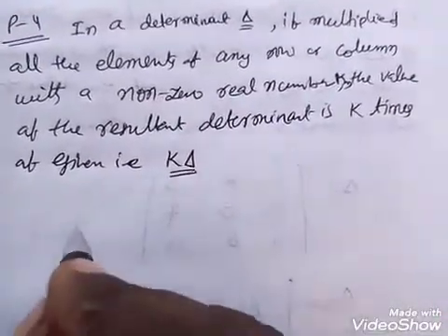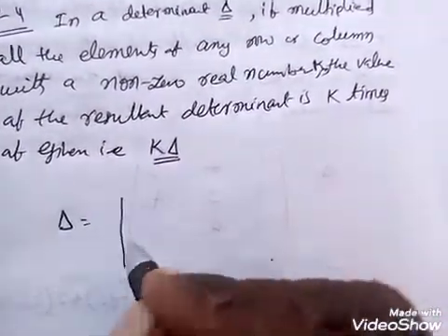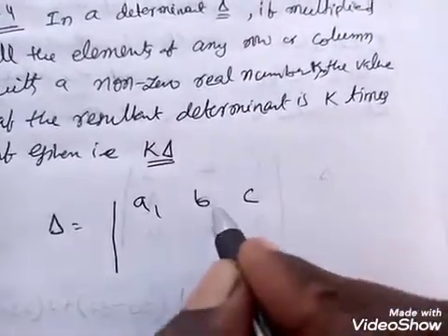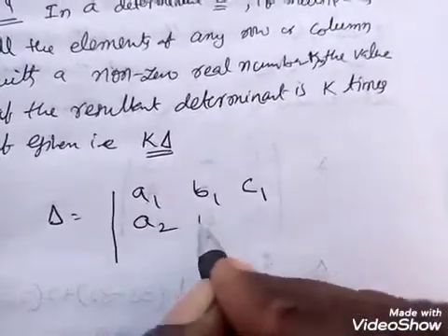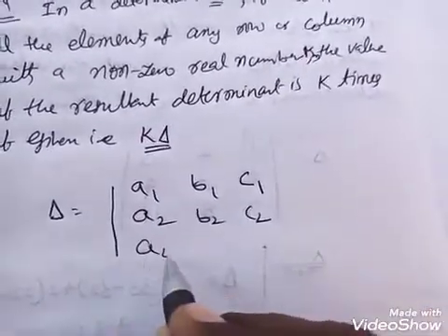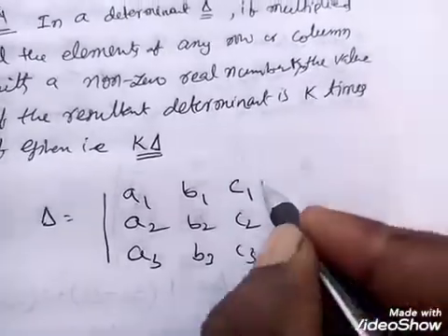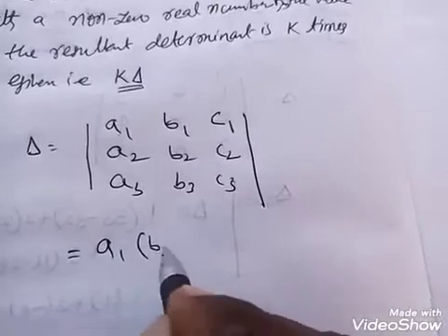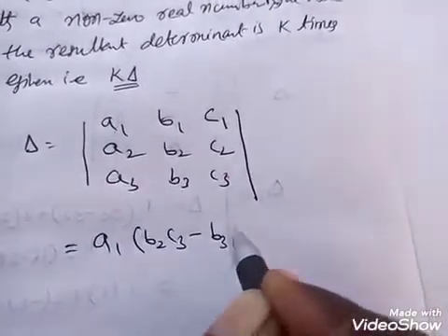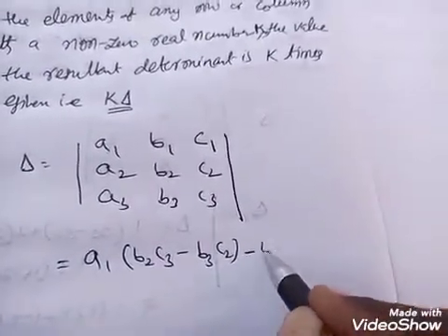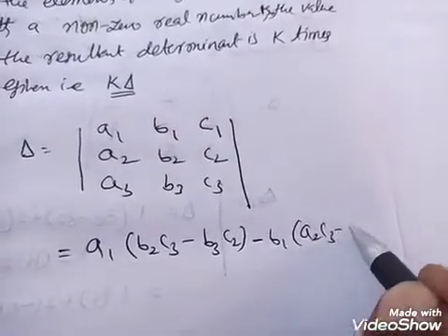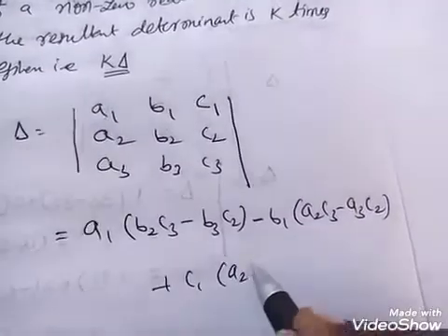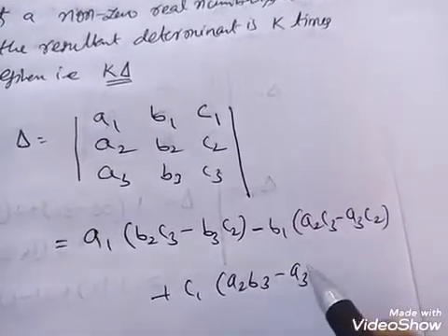Okay, now we will observe one example. What I am taking, observe, delta is equal to the determinant with A1, B1, C1, A2, B2, C2, A3, B3, C3. We already expanded this in the previous example. What you get is A1 into B2 C3 minus B3 C2, minus B1 into A2 C3 minus A3 C2, plus C1 into A2 B3 minus A3 B2.